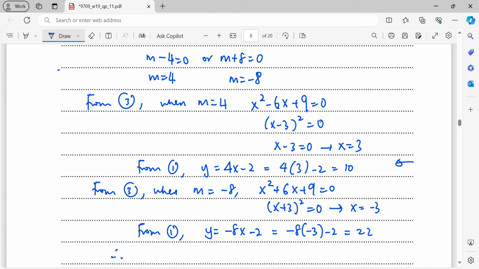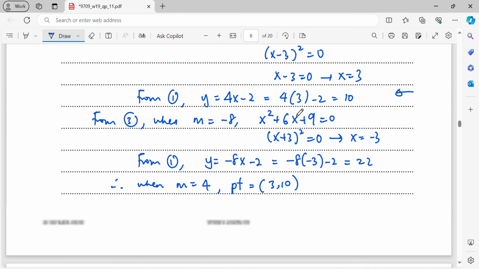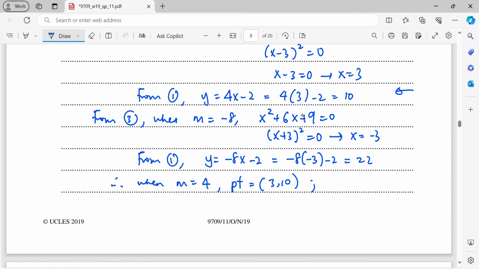Hence, I will write when m equals 4, the point has coordinates 3, 10, and when m equals minus 8, the point has coordinates minus 3 and 22. So that's the solution of this question.